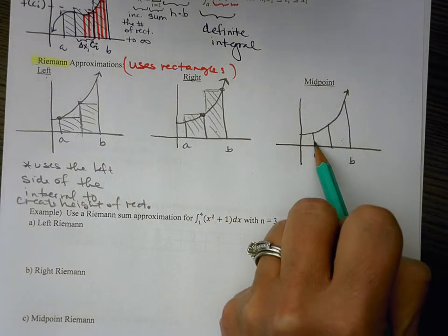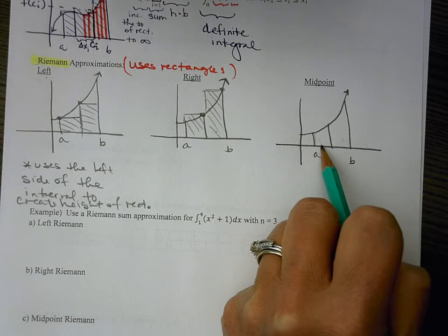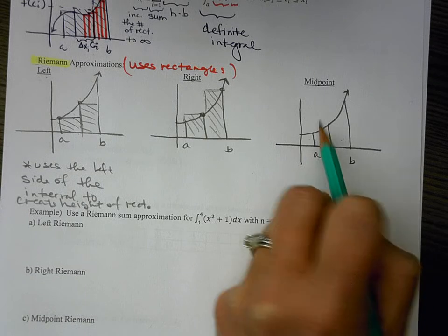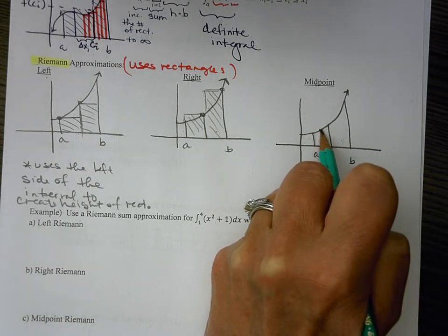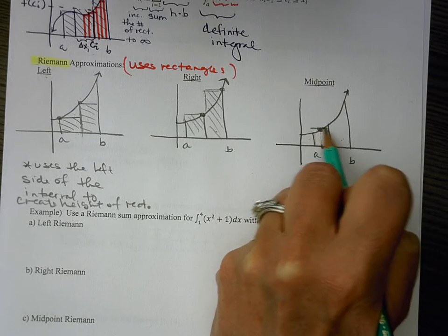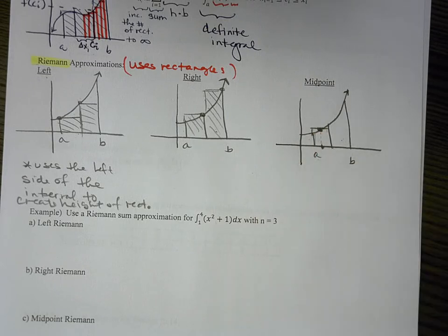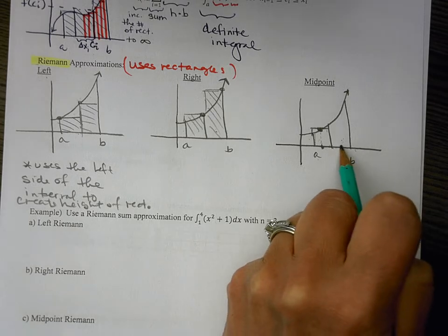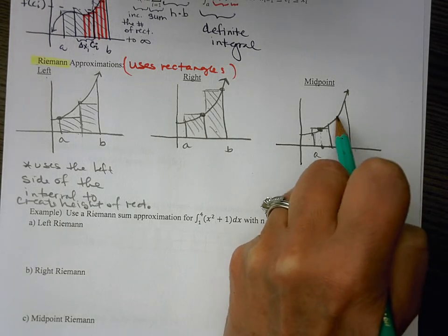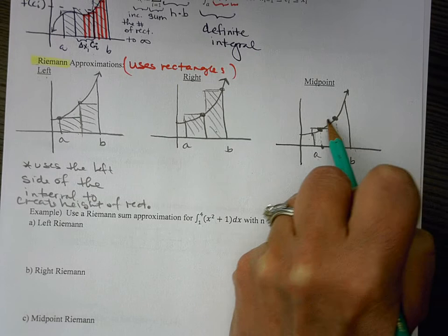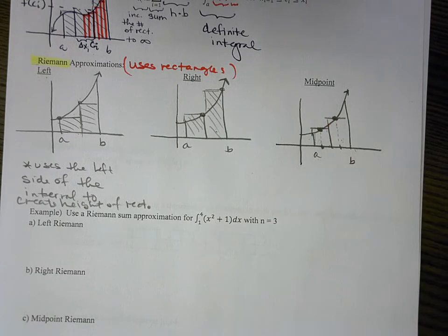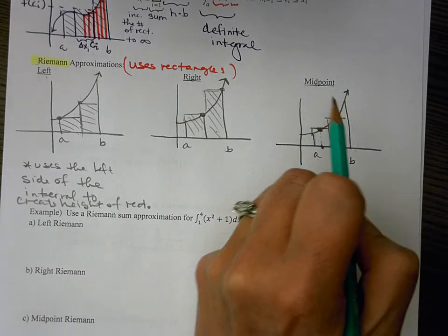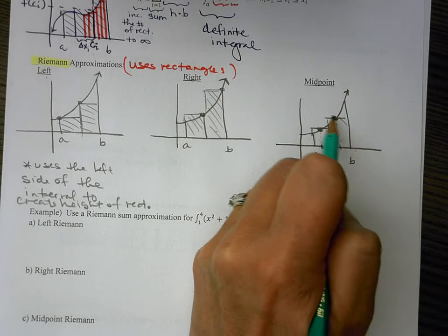So I'm not using the left side or the right side, I'm going to the middle, so wherever that middle is, we'll call it right here. And I go up to hit my function, and I use that to create my rectangle. And so do the same thing over here. So A to B, wherever that middle is, I go up the middle till I hit the function, and that is what's going to create my height, right? The middle of the interval is what's going to create my height.